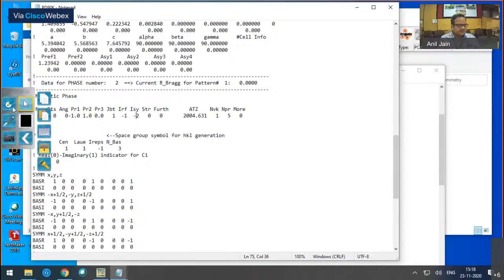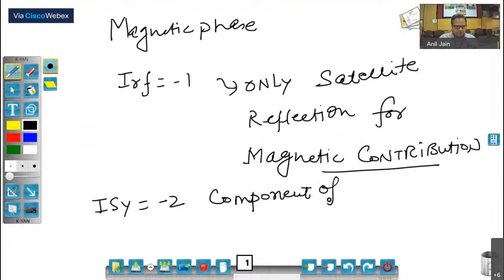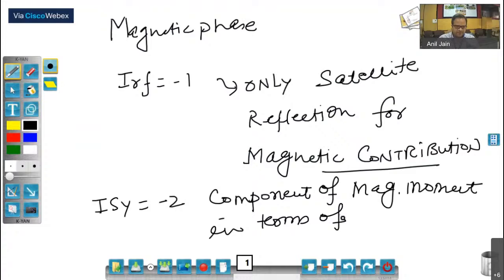So ISY equal to -2 means component of magnetic moment in terms of basis vectors. So this is what I'm telling if I'm putting ISY equal to -2.